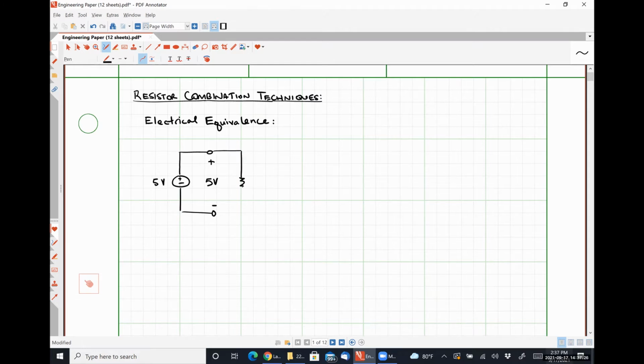And I am going to connect that to a 5 ohm resistor. What is the current flowing through my network under test here, which is just the 5 ohm resistor? 1 amp, right? Ohm's law tells us 5 volts divided by 5 ohms is exactly 1 amp.